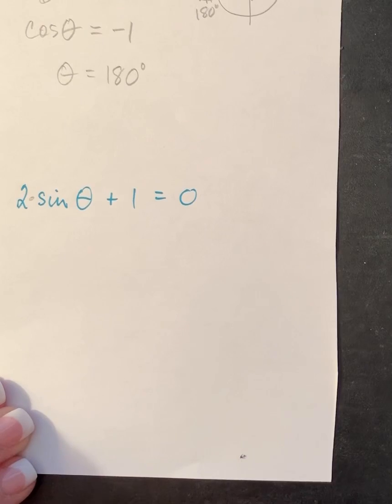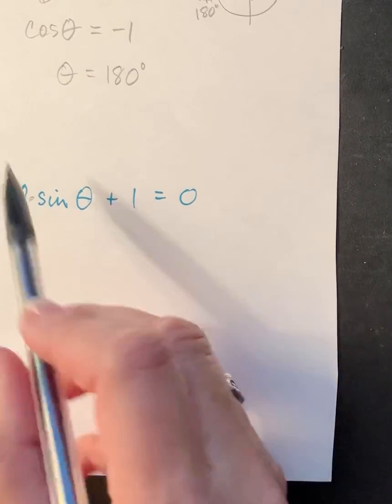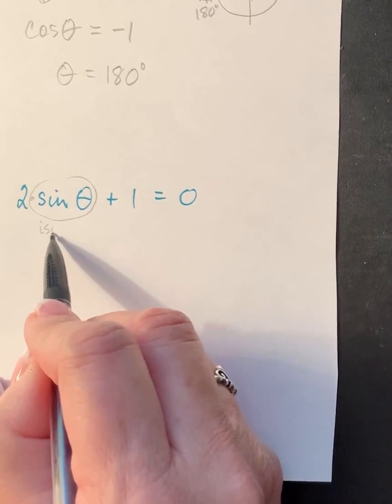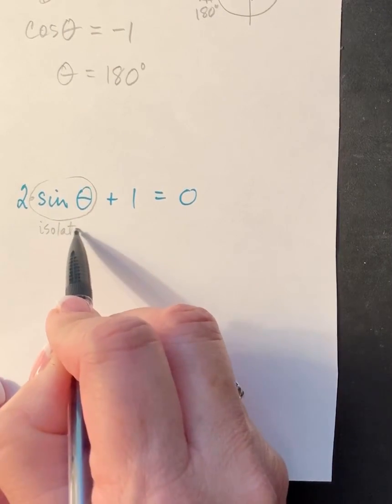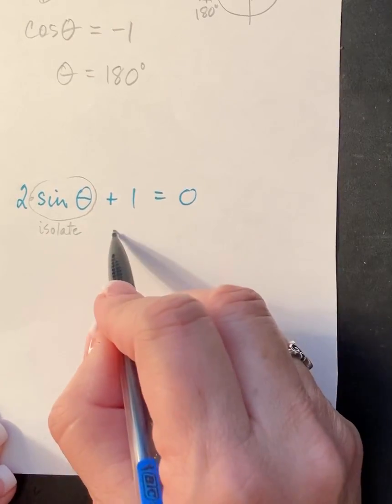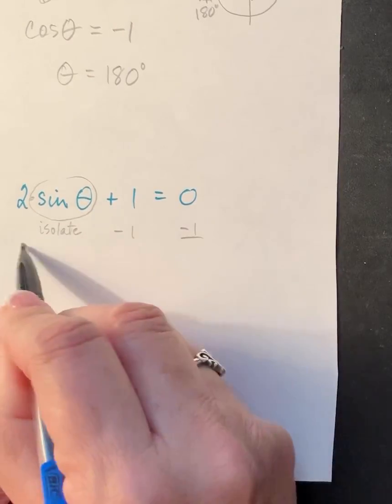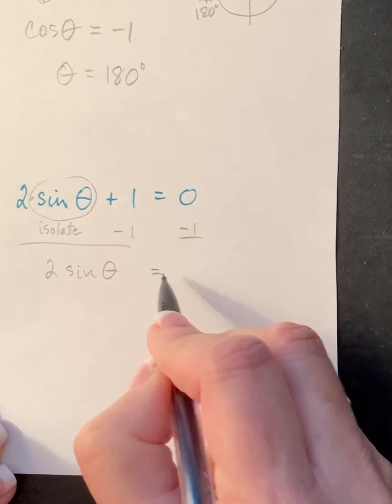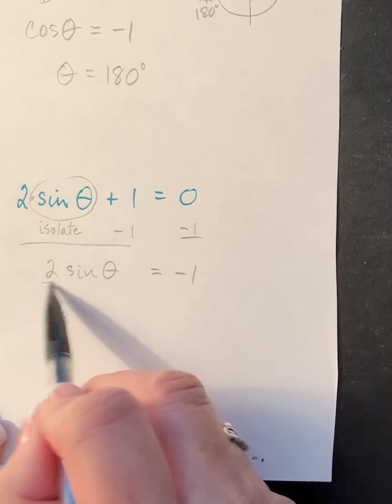What you need to do first is isolate the trig function. The way to do that would be to subtract 1 from both sides. So you'll have 2 times the sine of theta is equal to negative 1. And then you'll divide by 2.